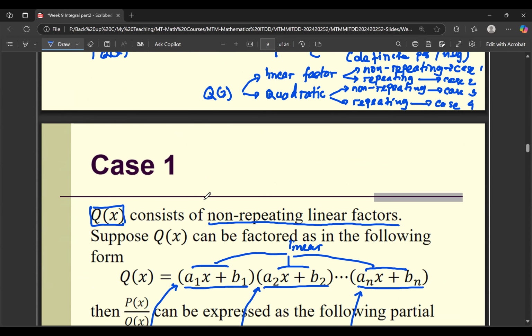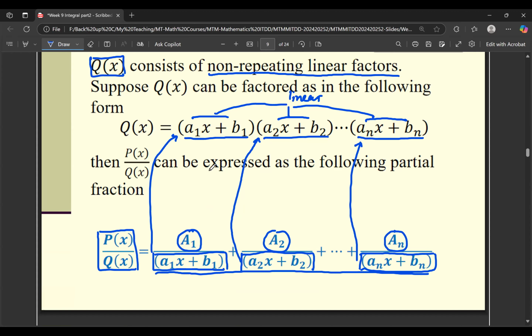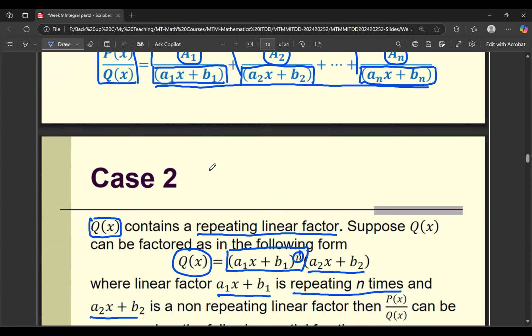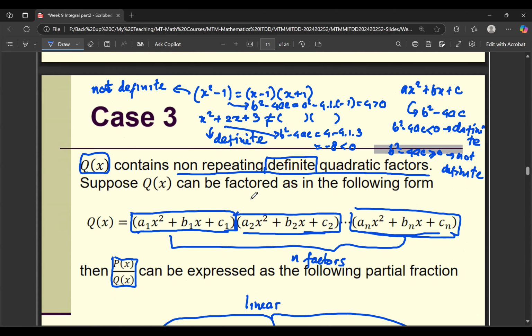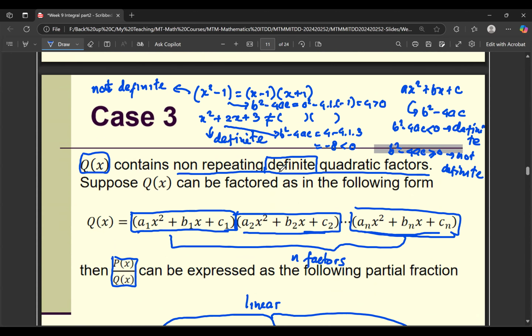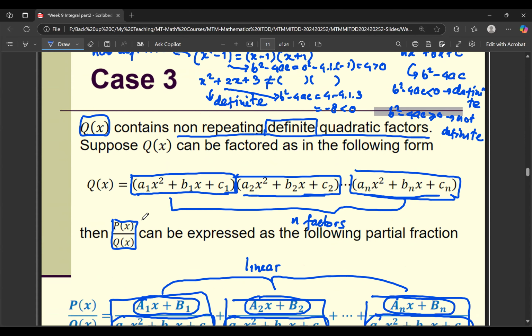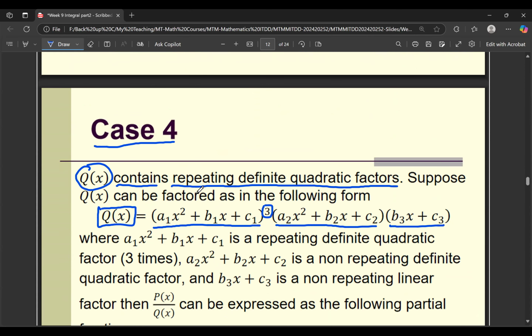So we already have four cases from the possibilities of the factors of Qx. Case 1 is for the non-repeating linear factors, case 2 for repeating linear factors, case 3 for the non-repeating definite quadratic factors, and case 4 for the repeating definite quadratic factors.